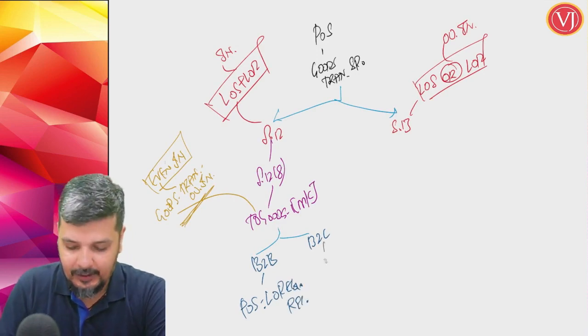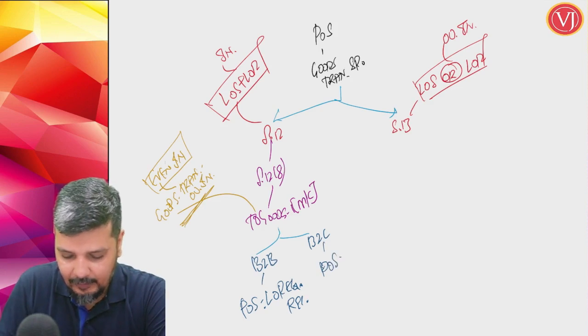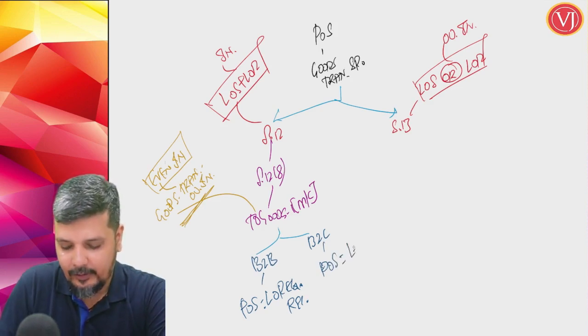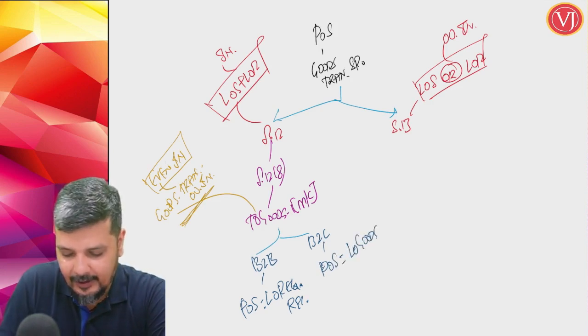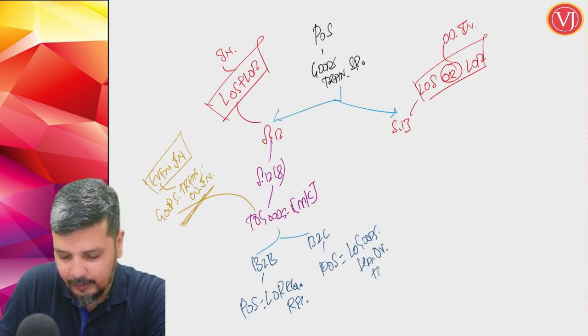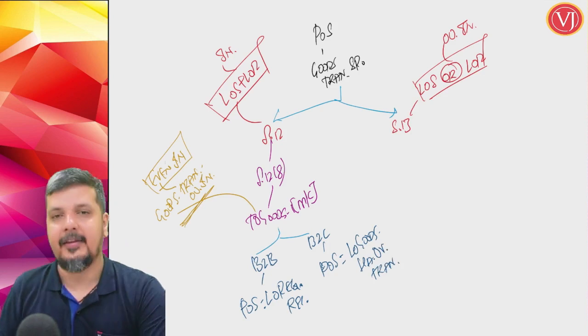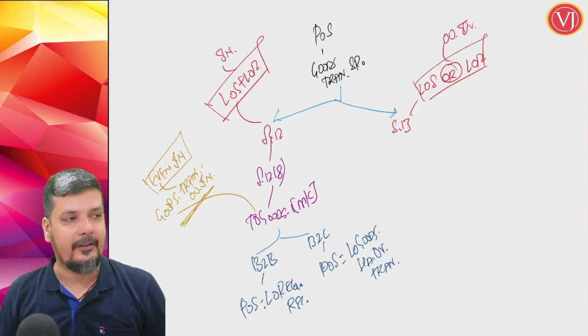And for B2C, the place of supply is the location of goods where they are handed over for transportation.